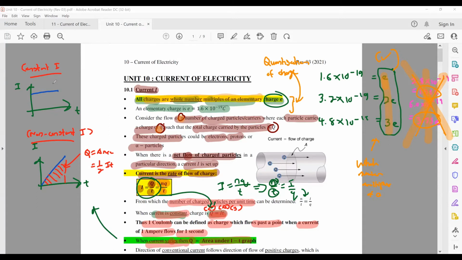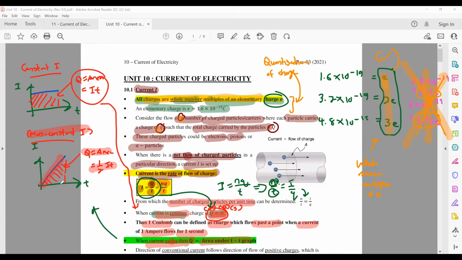It's actually still the area under the graph in general, but here the area under the graph is just It. That's why we can say that only for constant current, charge is It. If your current varies, like this one, you would have to take the area under the graph.